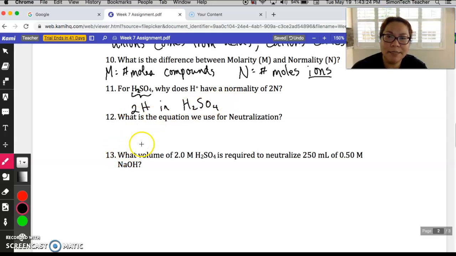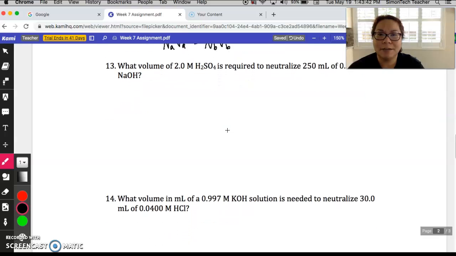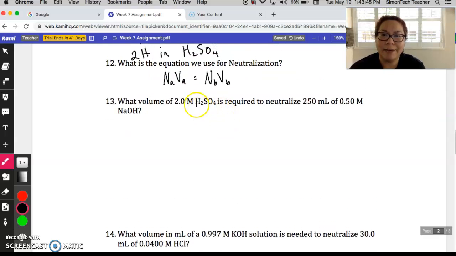And what is the equation we use for neutralization? So that is simply the normality of the acid times the volume of the acid equals the normality of the base times the volume of the base. Okay. For this next problem here, we have molarity of sulfuric acid and also molarity of sodium hydroxide.